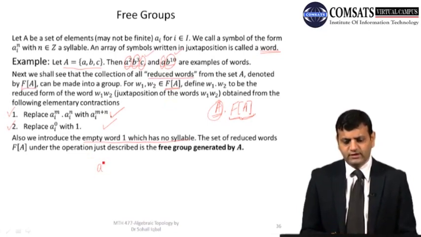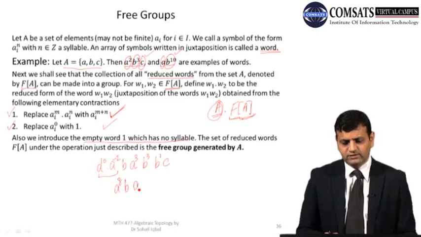For example, if I have a word a^10 a^-2 b a^3 b^3 b^2 c, and so on, I can use this first rule to write a^10 a^-2 as a^8, b, and similarly a^3, b^3 times b^2 is b^5, and c.